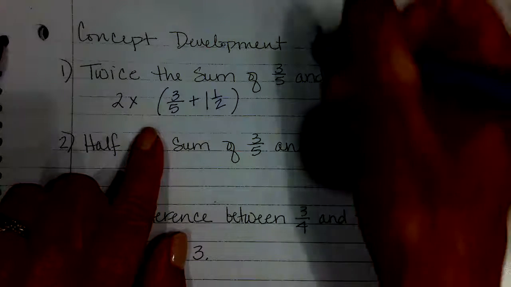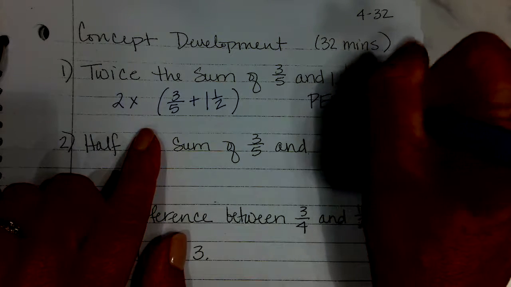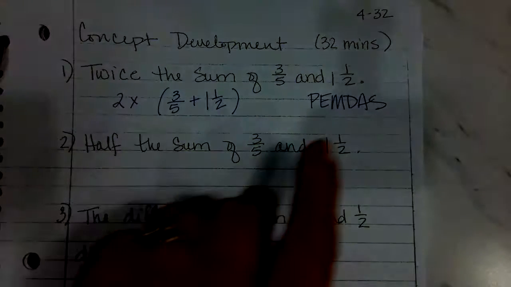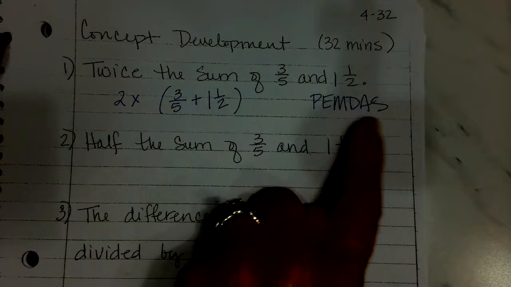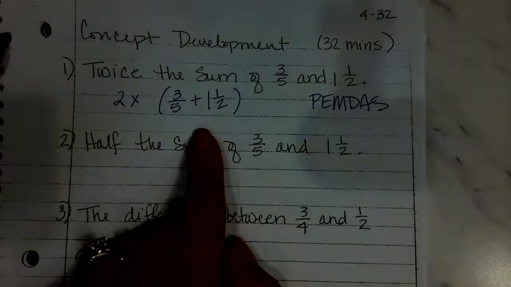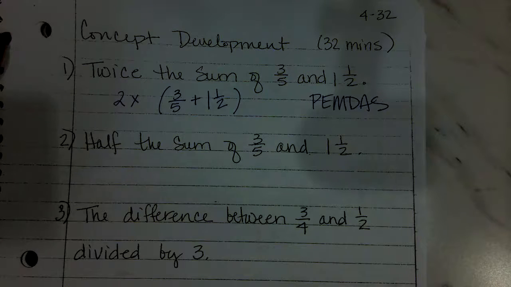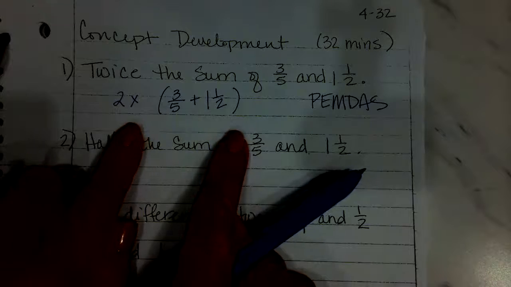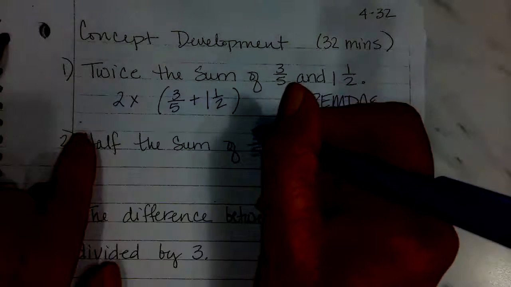Because what do we know about PEMDAS? Parentheses, exponents, multiplication, division, addition, subtraction. So parentheses tells us we have to do this first, right? If you don't, the answer is going to be wrong. Otherwise, if we didn't have the parentheses, we just move from left to right, and we'd multiply first, right?